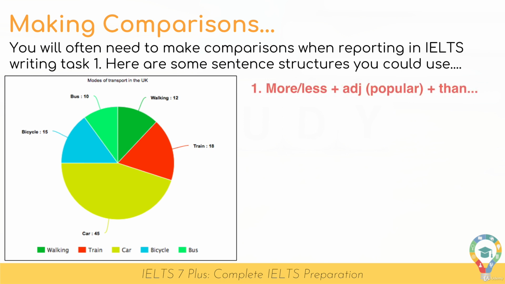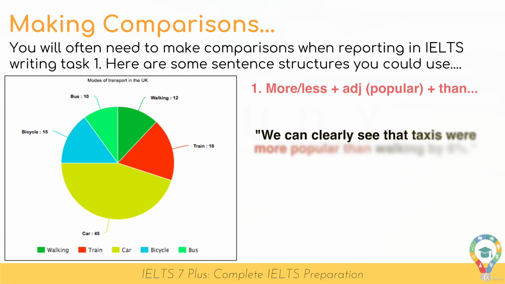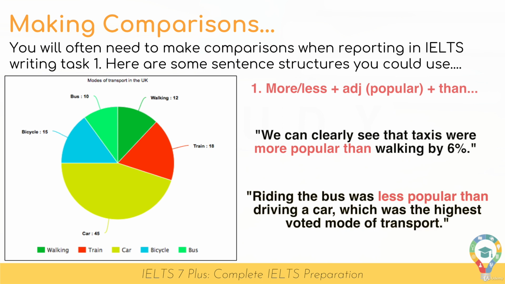Let's take a look at some examples. We can clearly see that taxis were more popular than walking by 6%. Riding the bus was less popular than driving a car, which was the highest voted mode of transport.